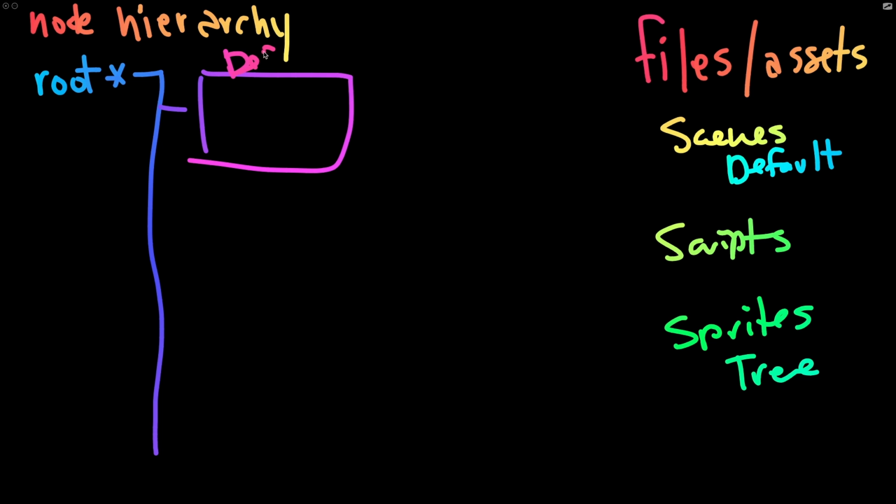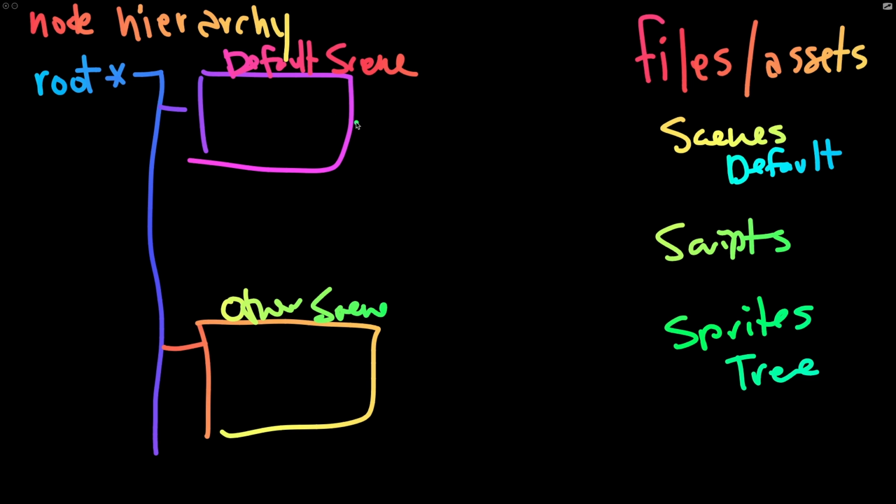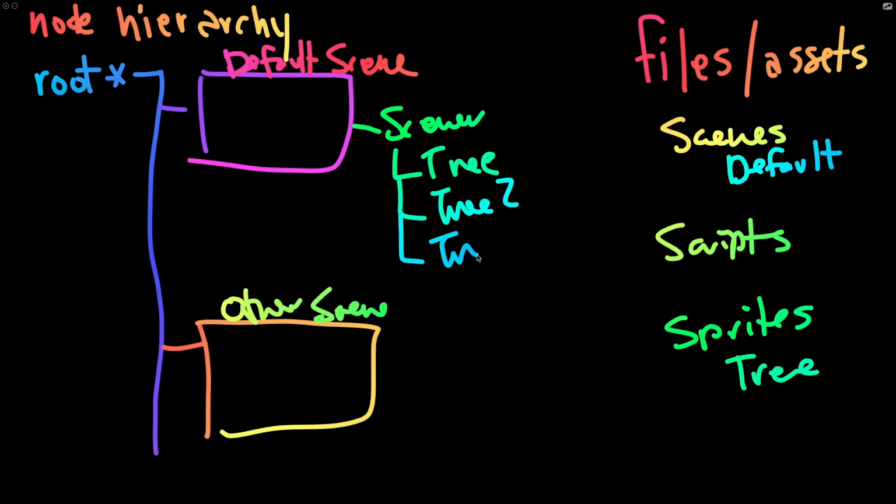So we have the root node, and connected to the root node, we have our scene. So we have a default scene, and that has its own hierarchy inside of it. And then we might have another scene like level 1 or game over. The default scene is going to have some scenery, and inside of the scenery we have all of the trees that we just created. And this is how Godot organizes everything in the scene. Each one of those references is actually a reference to the graphic.